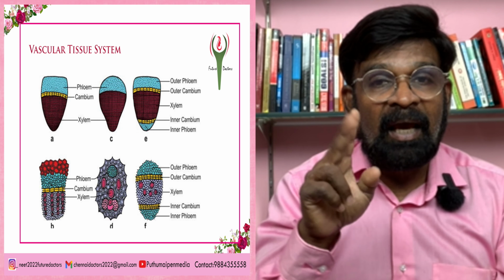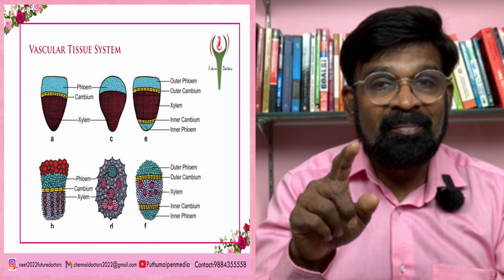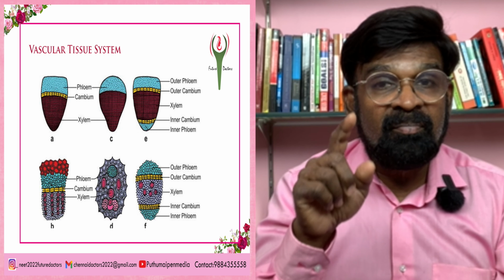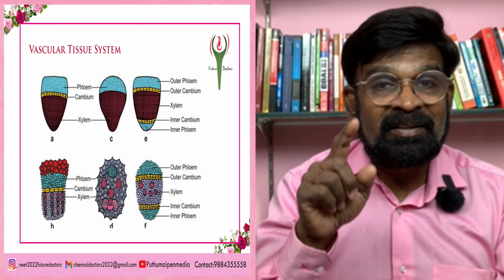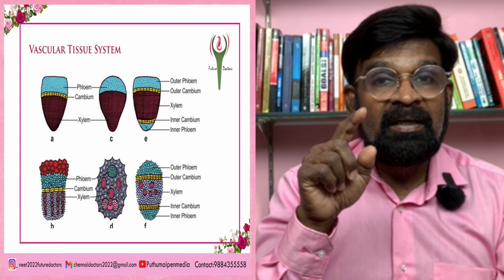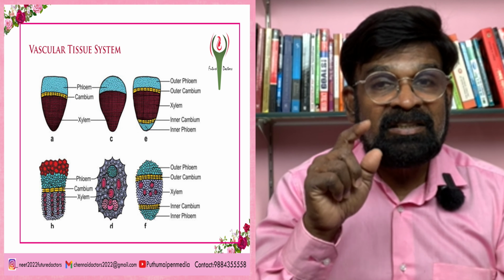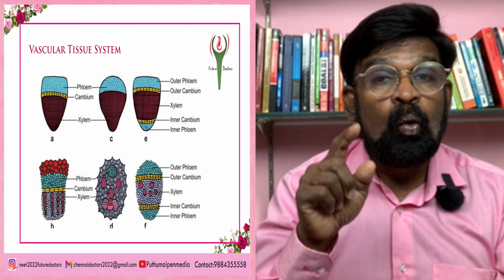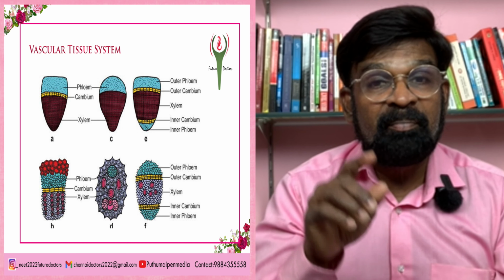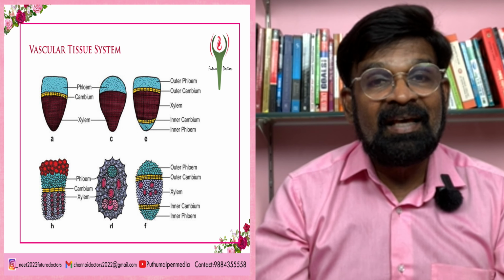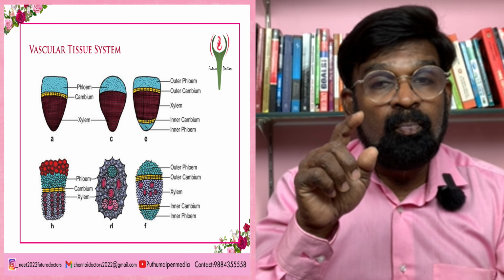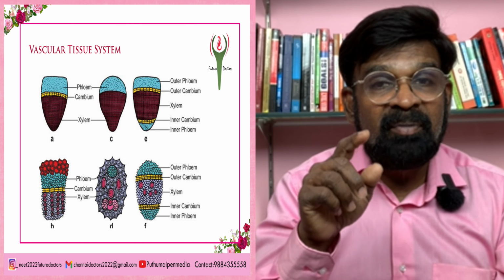In a dicot stem, the cambium is present between the xylem and phloem. Such bundles are called open, for example sunflower, Helianthus. In monocots, the cambium is absent and the vascular bundle is called closed, for example maize.